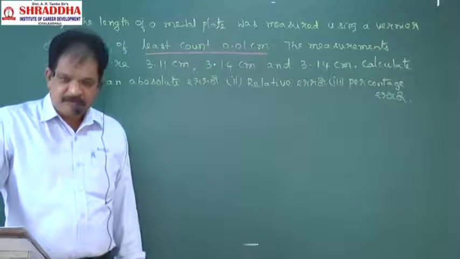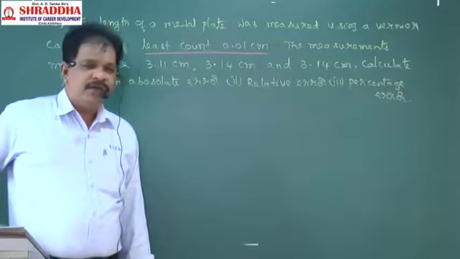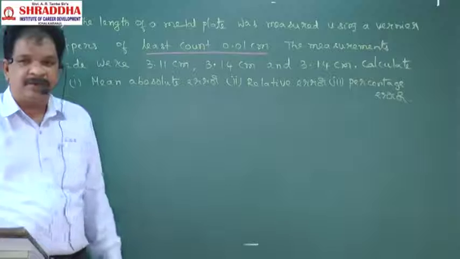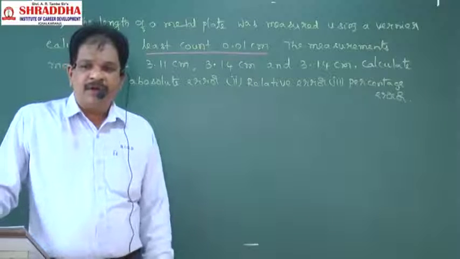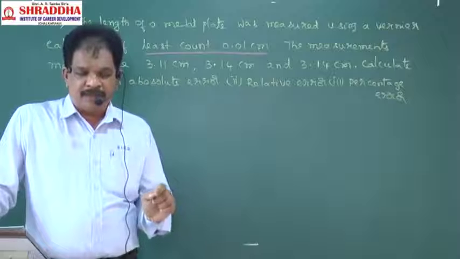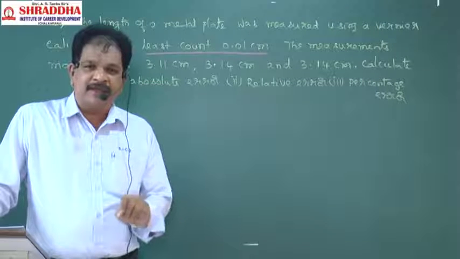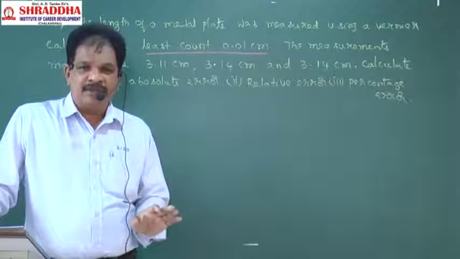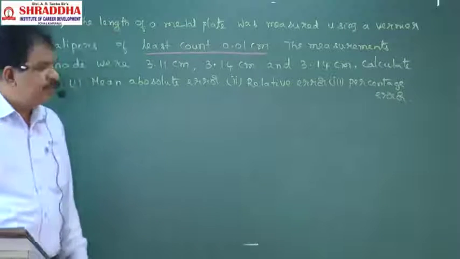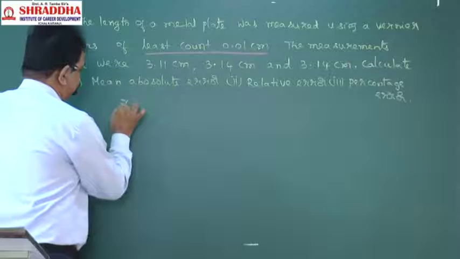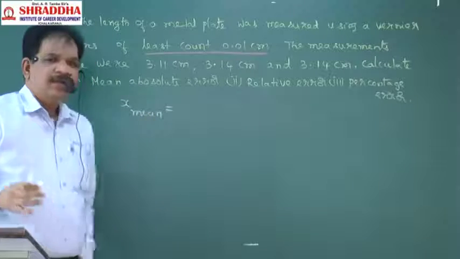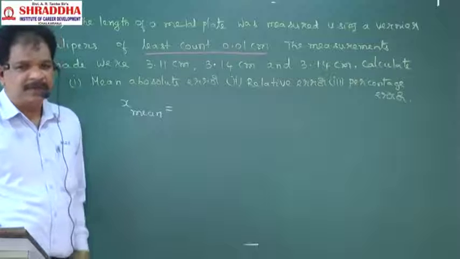That is the question. So first, to find absolute error in the first measurement, what is the formula? Modulus of x mean minus x1. Absolute error in the second measurement, modulus of x mean minus x2. That's why first we will find x mean value. If we find x mean value, we can find absolute error value.